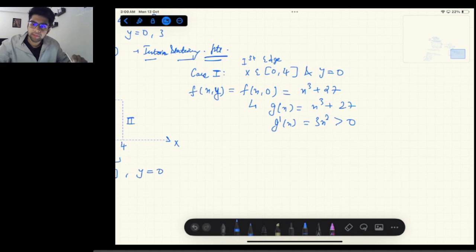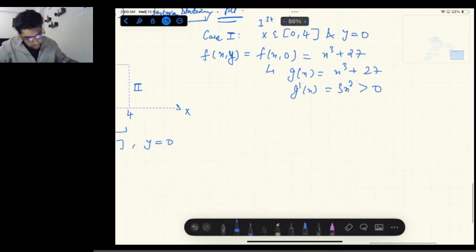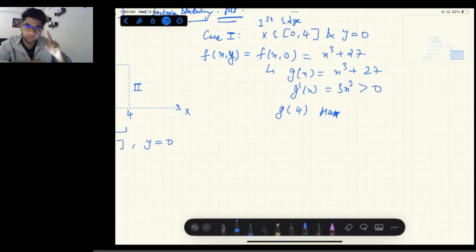Increasing function tells me that as I increase the value of x, the function value increases, right? So g of 4 will be the maximum value on the first edge. Remember this, on the first edge, not overall, just on the first edge.